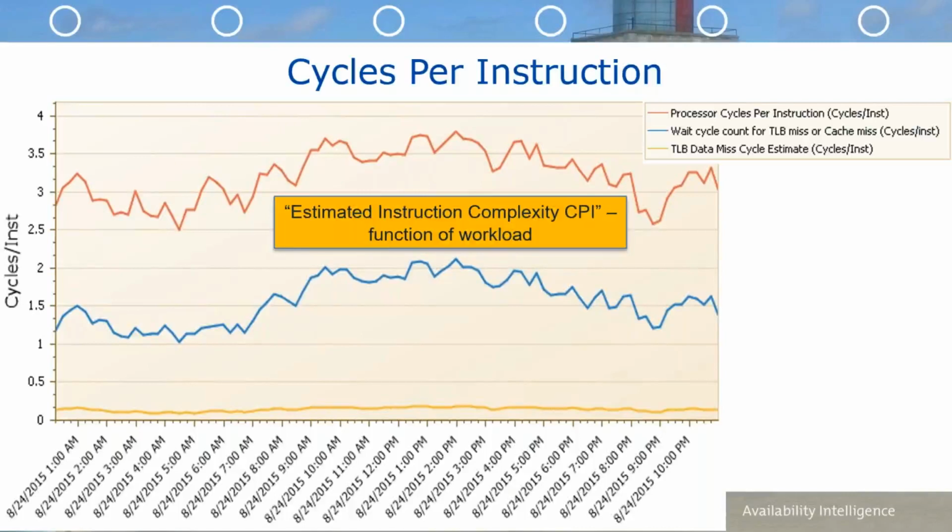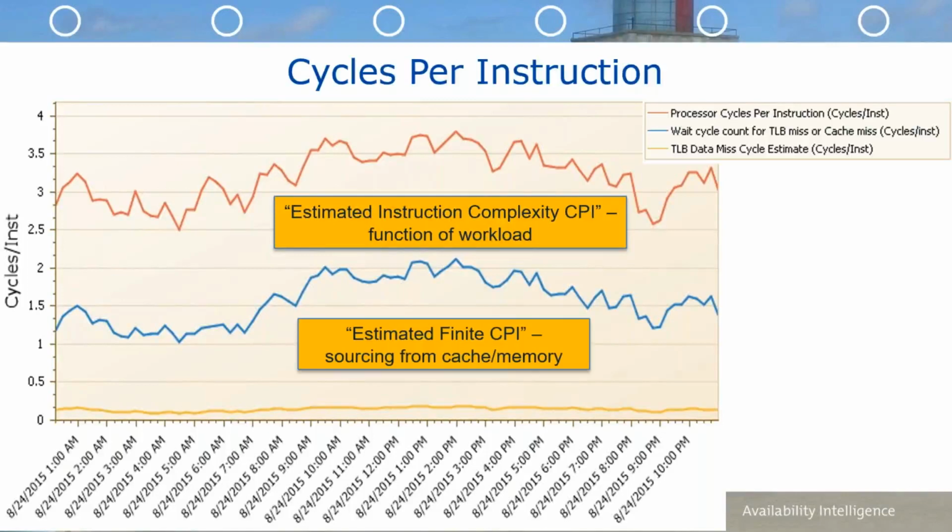And it's called the Estimated Instruction Complexity CPI, because it reflects the mix of simple and complex machine instructions in your business workload. It may be impacted by migrations to new processor technologies that incorporate internal improvements in processor architecture, but otherwise it's likely to be relatively constant based on workload.